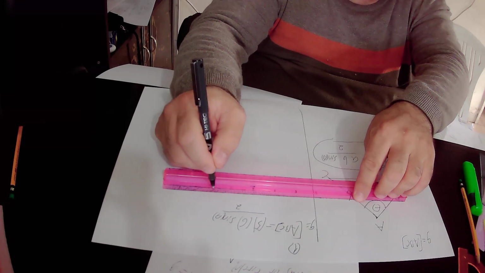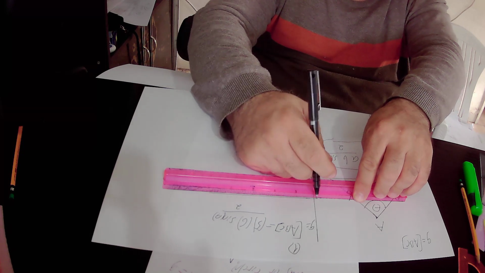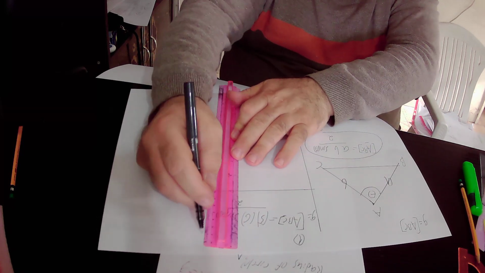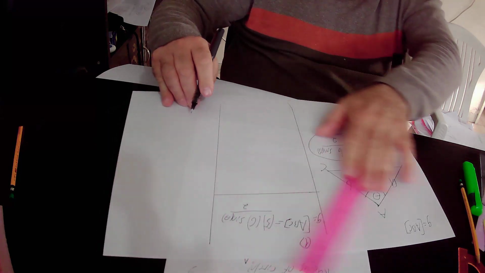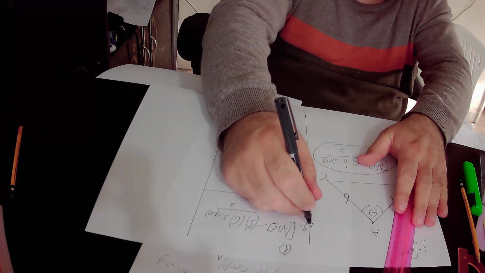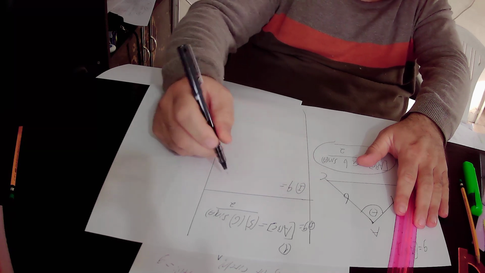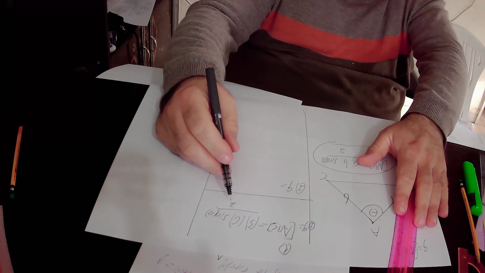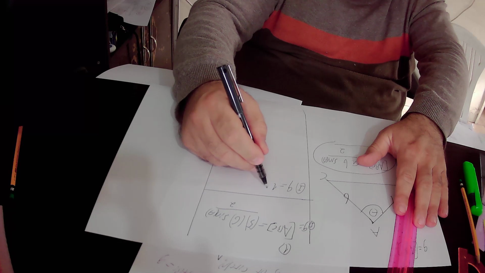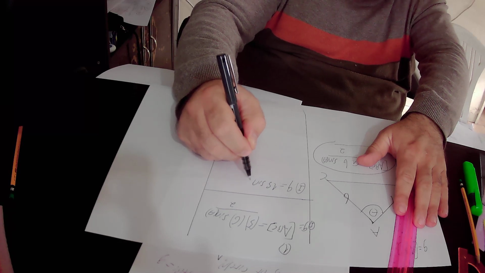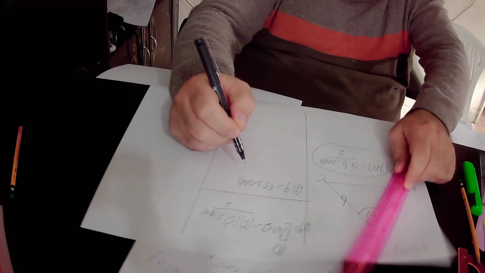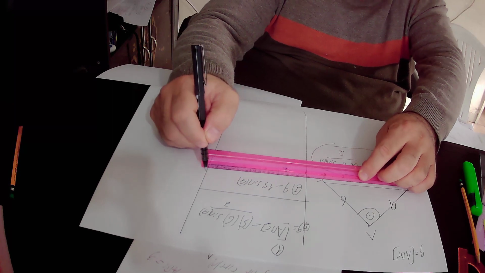So 9 equals 5 times 6 is 30, 30 over 2 is 15, so 15 sine theta. 9 equals 15 sine theta.